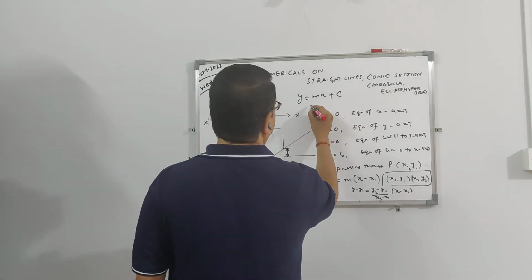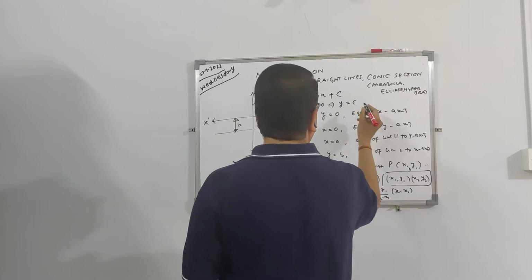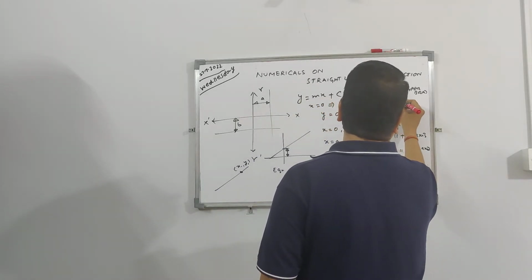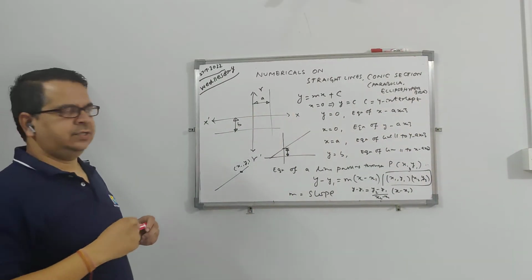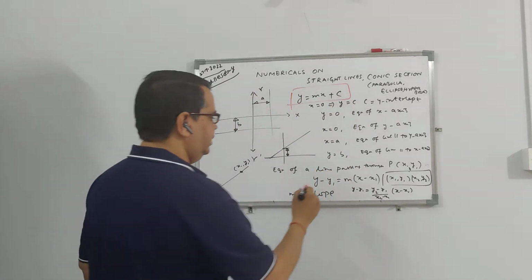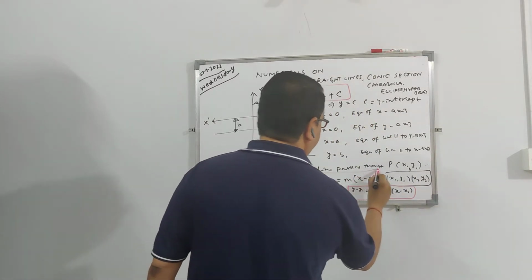So when x is equal to 0, y is equal to c, so this c is the y-intercept. So y is equal to mx plus c is called slope intercept form, this is called 2 point form, and this is called 1 point form.